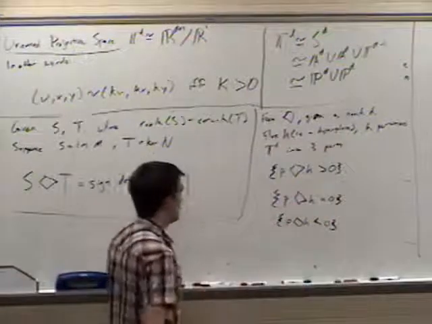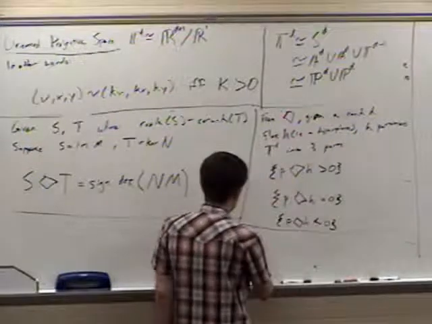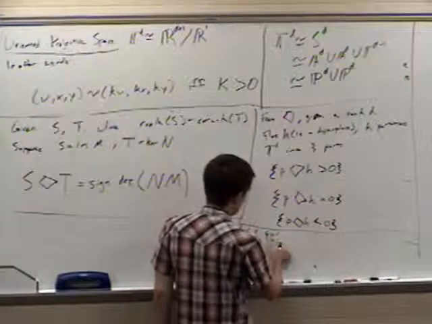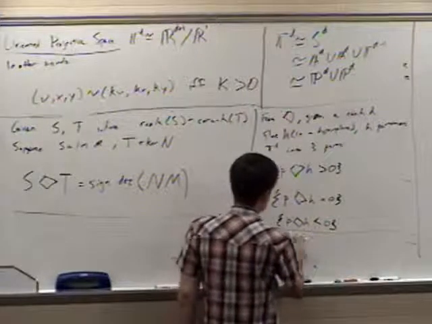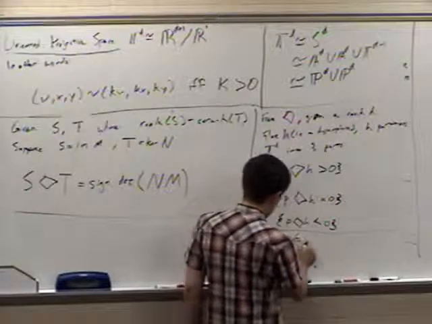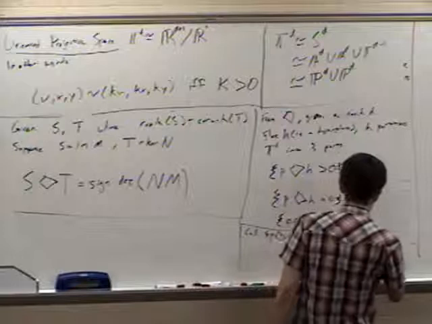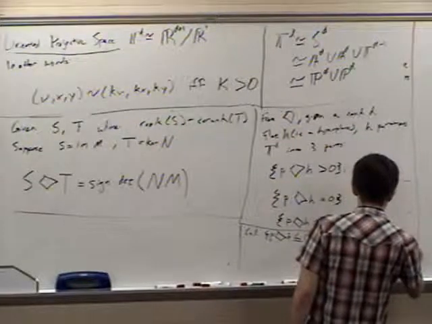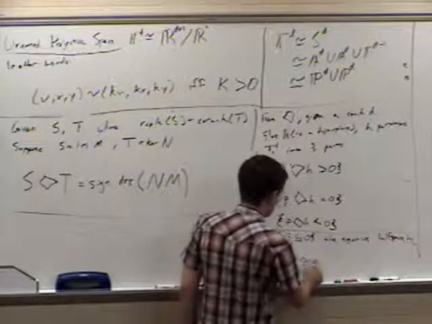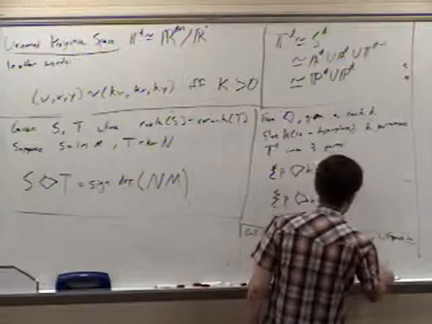OK? So similar kind of story, right? And what we'll do, we'll call the set of all points P with P diamond H less than or equal to 0 the negative half space H. So this is sort of the closure of the negative set.